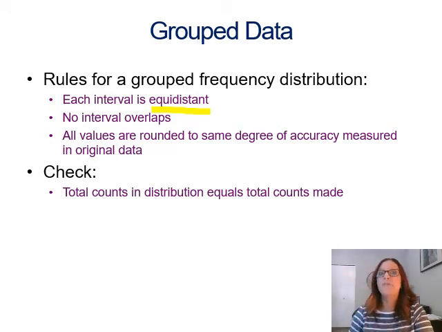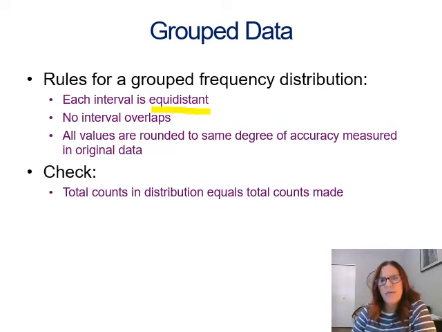It is different. And no intervals overlap, so you can't have 0 to 2 in the bottom and then 2 to 4, because 2 can't be in 2 different intervals. So you can't have the intervals overlap. And then all values should be rounded to the same accuracy in the data. So keep your math consistent, basically.